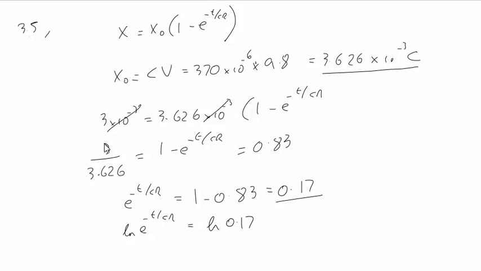But the natural log of e to the minus t over CR is just minus t over CR. CR, don't forget, is 1, so we end up with t being 1.77 seconds, or 1.8 seconds to two significant figures.